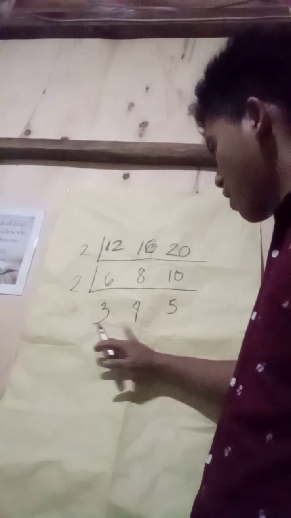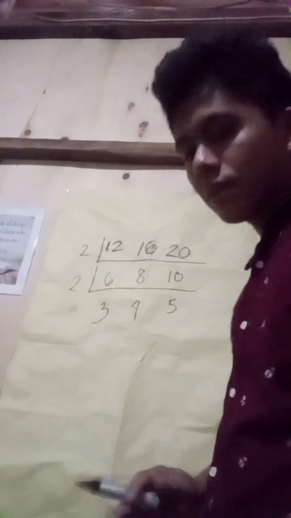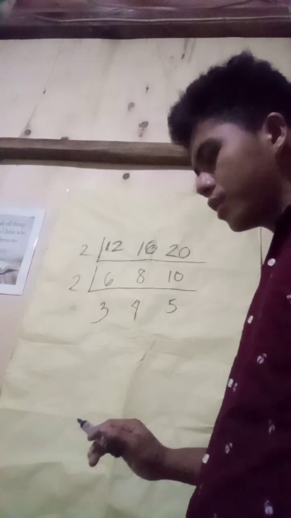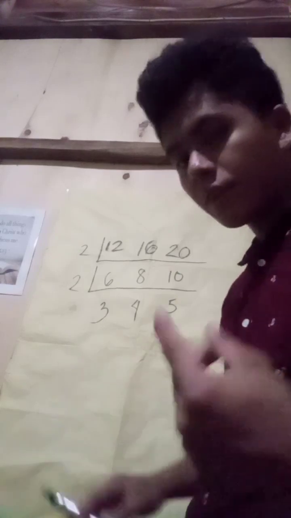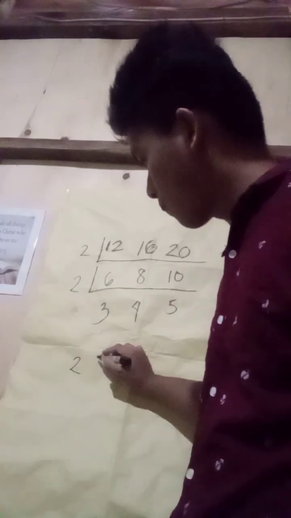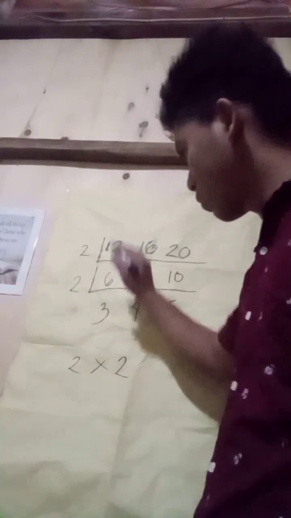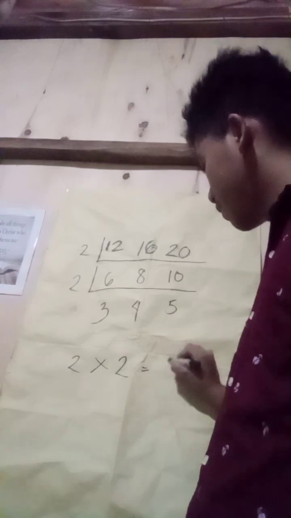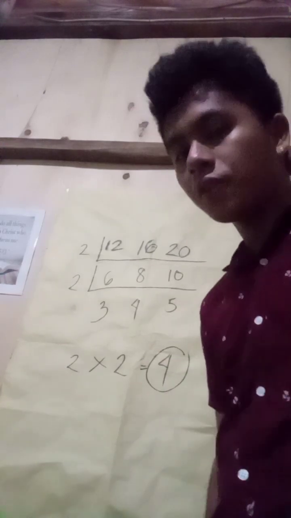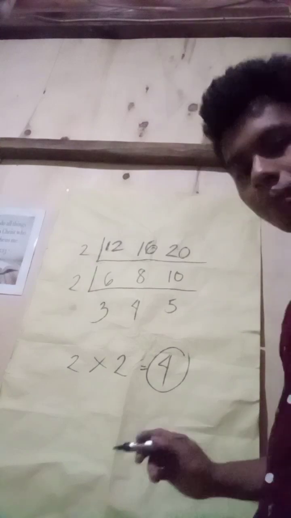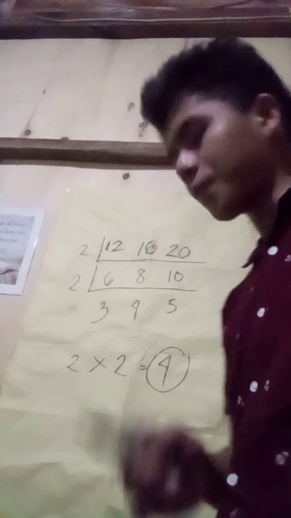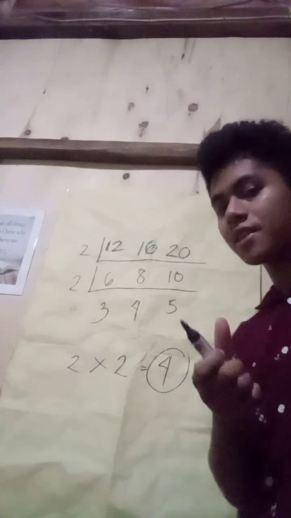And this is our answer, but it is not the GCF. In getting the GCF, we need to multiply the divisors, which is 2 times 2. And the answer is 4. This is our GCF. Did you get it, class?